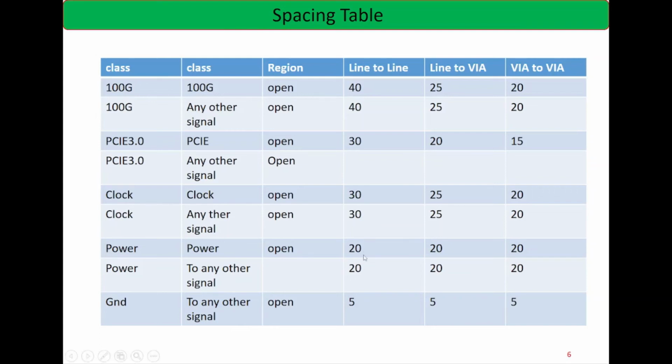You have to decide how much the spacing should be between power signals and ground signals and any other signals. We know that ground signals are not going to create any problem, so we always give spacing of 5-5-5 for line to line, line to via or via to via.